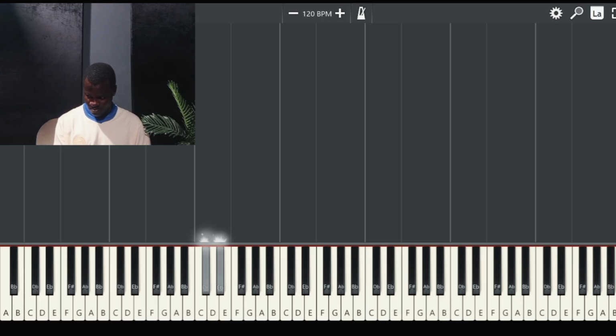The key of C is the natural key, or the white key, on the left before the set or group of two black keys. So that white key that comes before the set of two black keys is called the key of C.